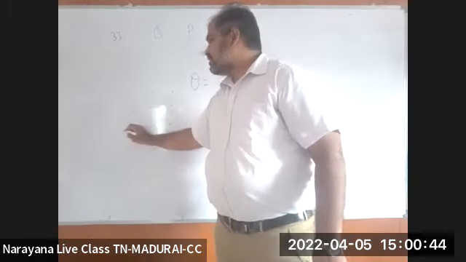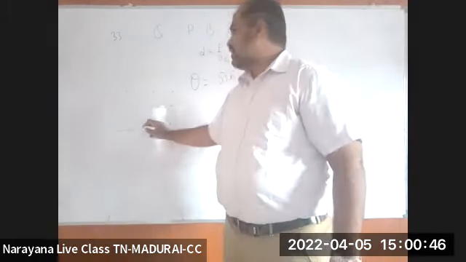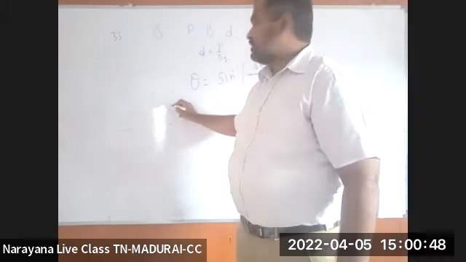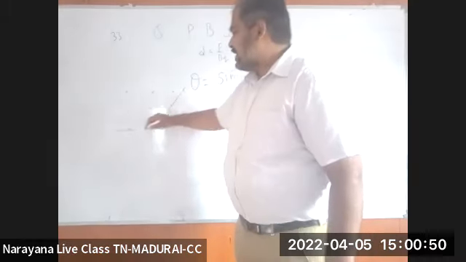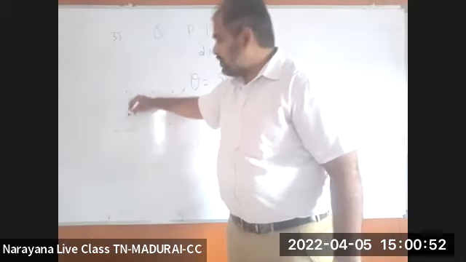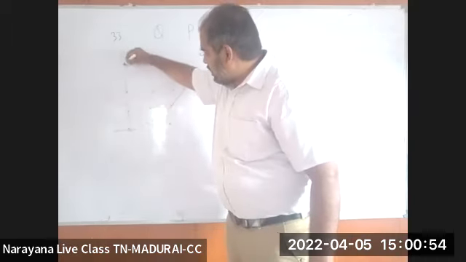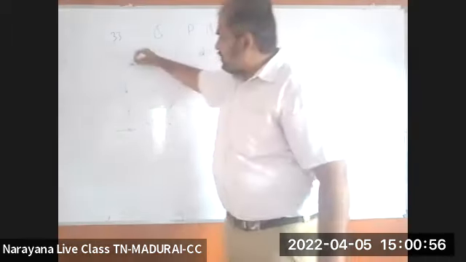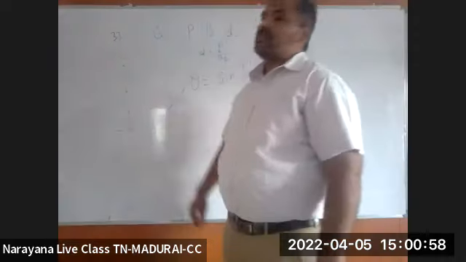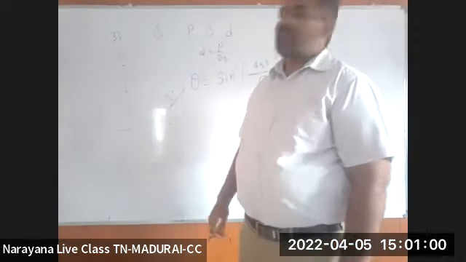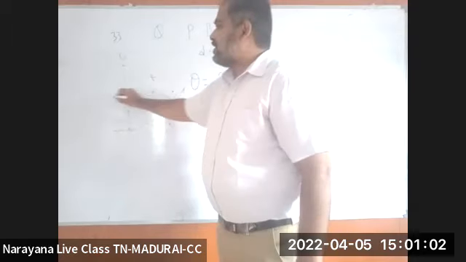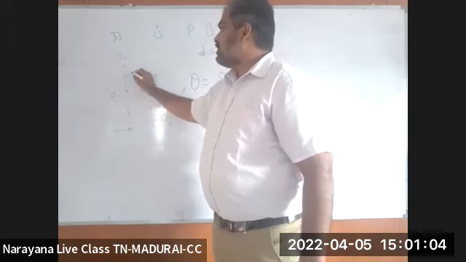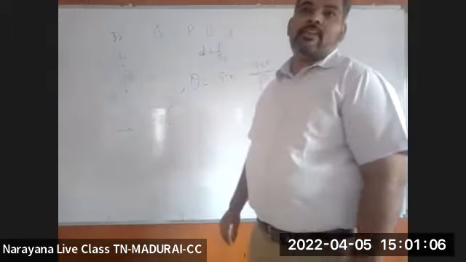This charge is entering into the magnetic field and it is deflecting like this. It will go like this. It is following a circular trajectory. You drop one perpendicular line, and you drop another perpendicular line. Where they meet is the center of the circle. This radius equals capital R, this radius equals capital R. This angle is the deflection.